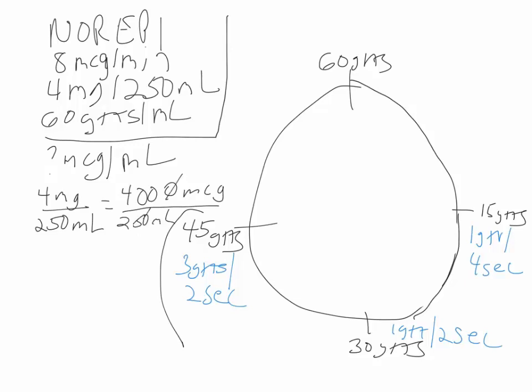We can cross out some zeros. We did the math with this in the last problem. That brings you 16 micrograms per milliliter.